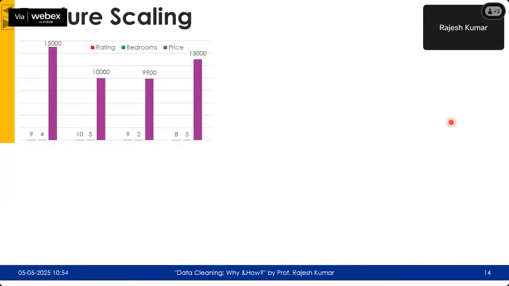So feature scaling I discussed with you, and you can see here a better representation of how we do it. We have a few things there. You can see rating, number of bedrooms, and the price. If you look at this figure carefully, the numbers are visible for rating and bedroom, but the bar chart is not visible, because if you compare it with the price, their values are very small, and that will affect our calculations.